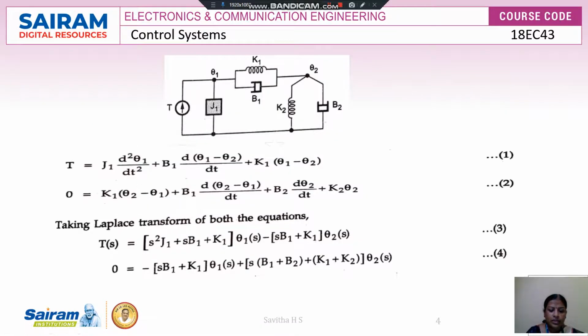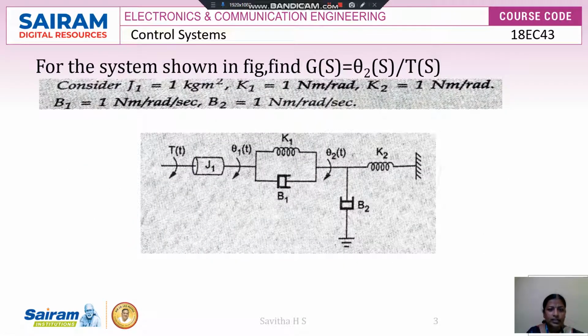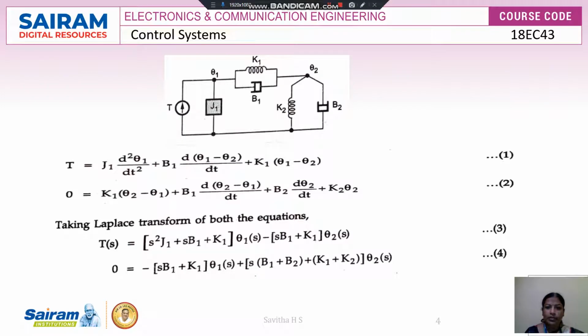For this given problem, first I need to write the mechanical network. For that, I need to take the two nodes as shown in the diagram, theta 1 and theta 2, and according to that I am drawing the diagram here.